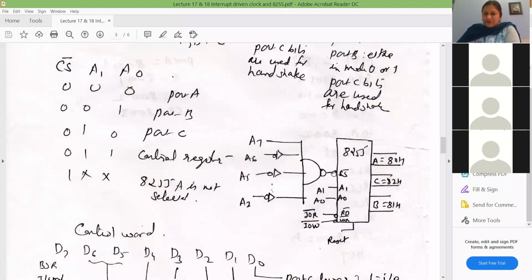So when this is 80, it is port A. When these pins become 0, 1, then it becomes 81, and it is the address of port B. When these pins become 1, 0, then it is the port C address, that is 82. And when these two pins become 1, 1, then this word will be 83, and that is the control register address. Understood how you define the address?